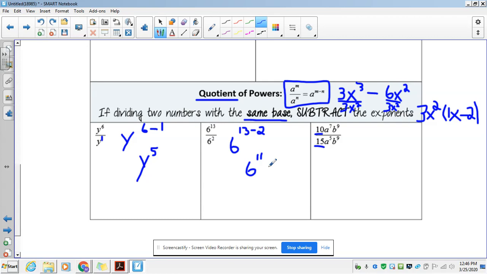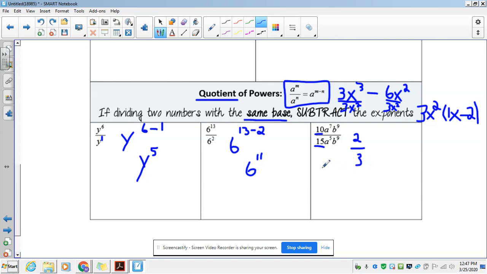Okay. On the next one, you would have to divide your coefficients. As you could see, 10 divided by 15 would be a small decimal. So here you would simplify your fraction. For those of you who are really good with numbers, you should be asking yourself, how do I simplify this? 5 goes into both of them, so 10 divided by 5 is 2. 15 divided by 5 is 3, and I simplified it.